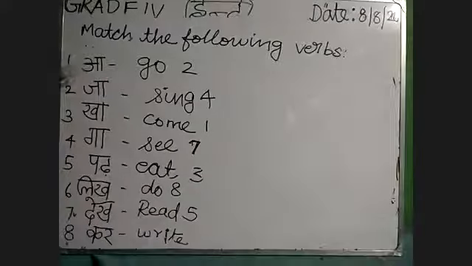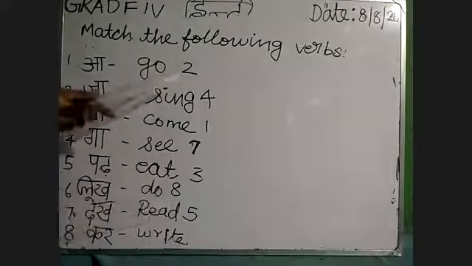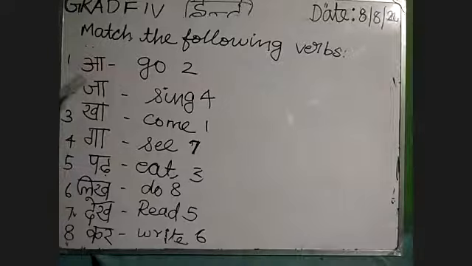Once again, I am telling you, you should put the numbers for the match. Come, first. "Ja", go. "Kha", eat. Second, "kha", eat.